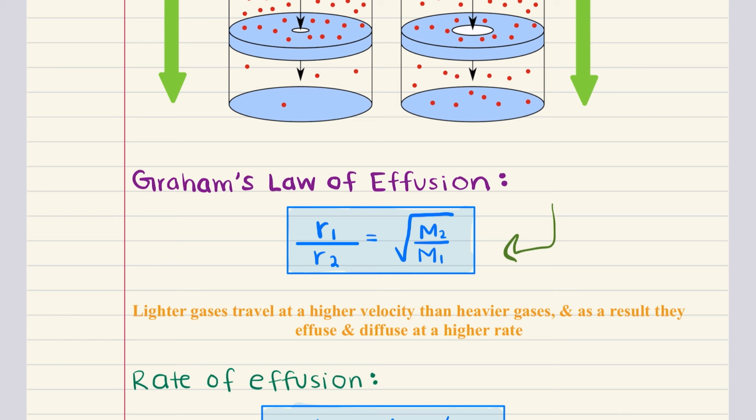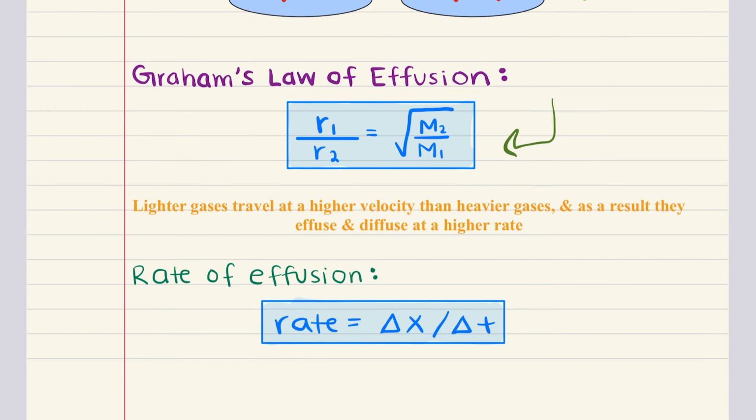In essence, lighter gases with lower molar masses effuse more rapidly than heavier gases because their molecules on average move faster. Now, this principle also extends to diffusion, as lighter gases will diffuse more quickly due to their higher velocities.